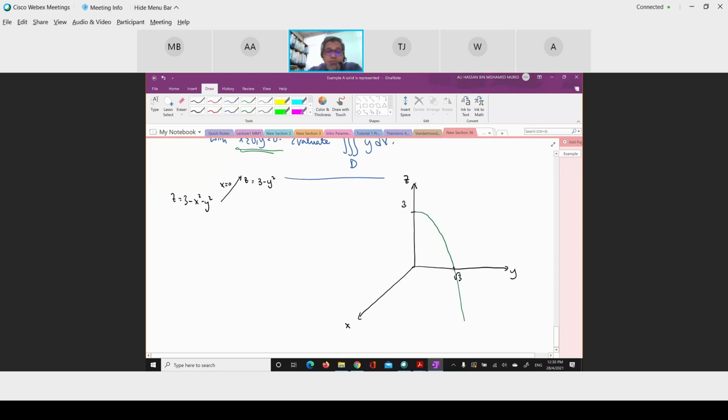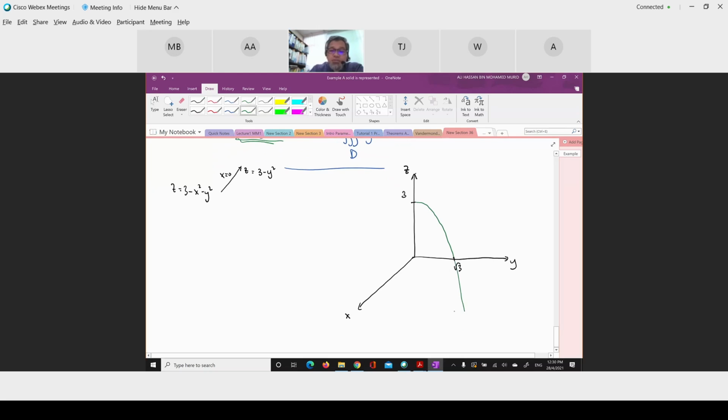We have something that looks like this. And then when y is 0, z equal to 3 minus x squared. So it has the same shape also, right? But on the xy plane, something like this.